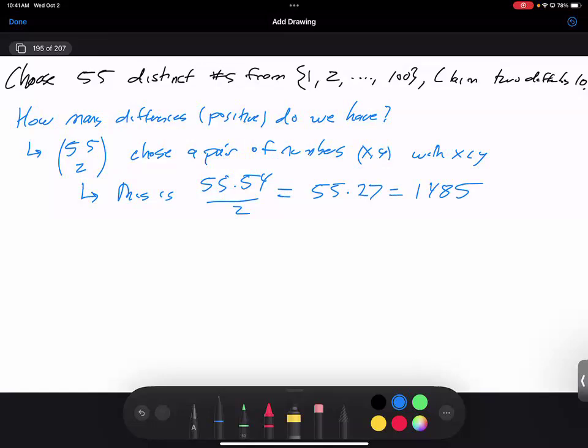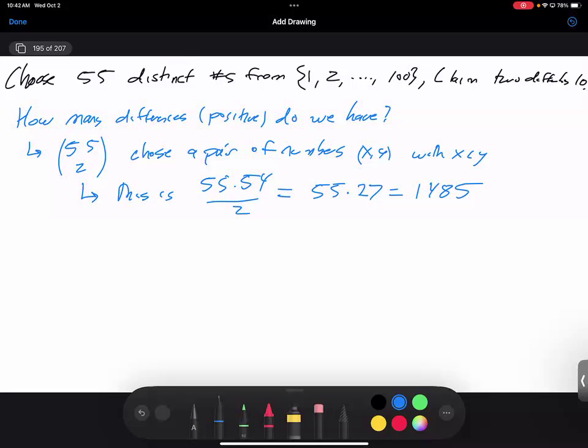So how does this help us? The overall number of different pairs of numbers whose difference is 10. I guess you go, what are all the possible distinct differences? Okay, good.